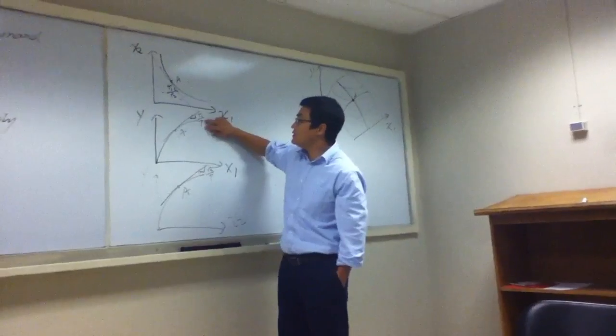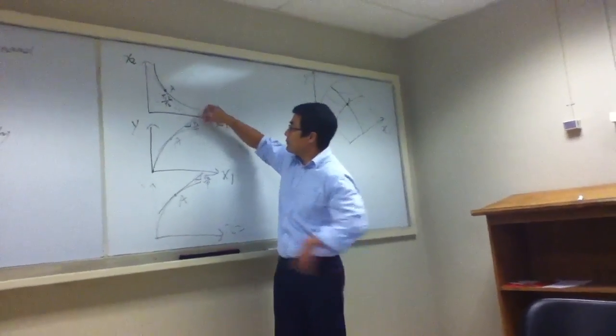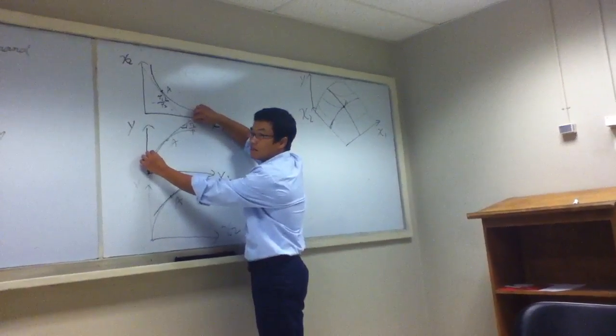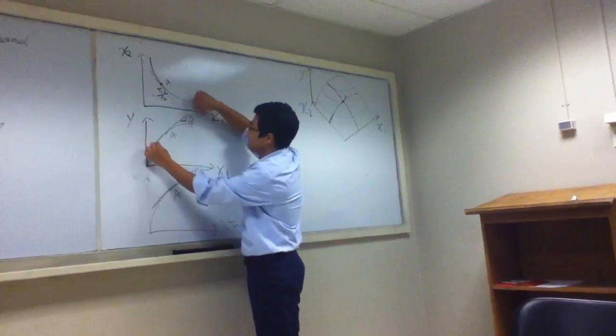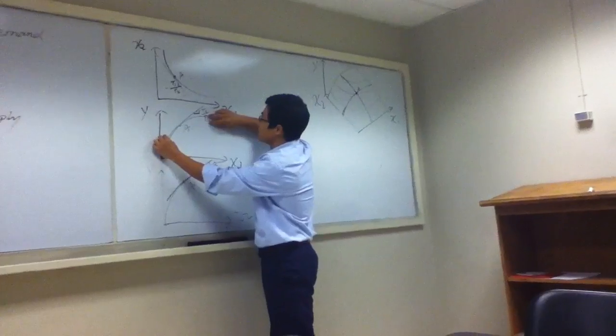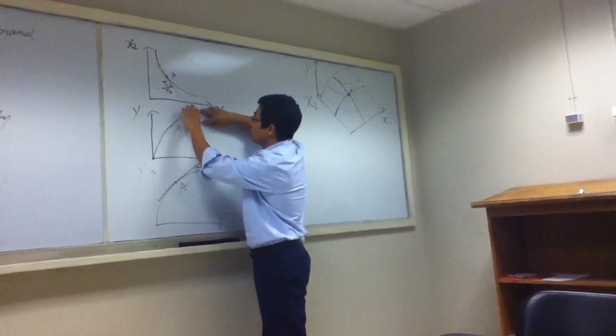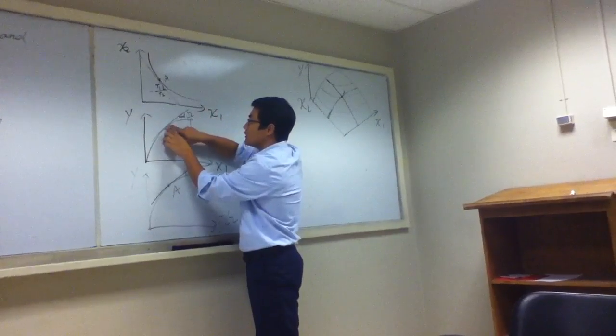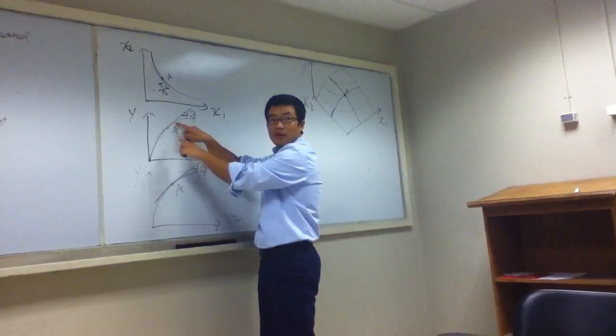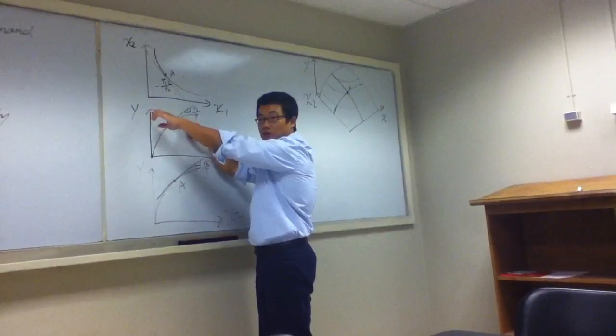But when price increases, what would happen to this line? It shifts this way. Wait a minute, price increases, the slope will decrease, so this way. That means I'm moving in this direction, so y will increase.